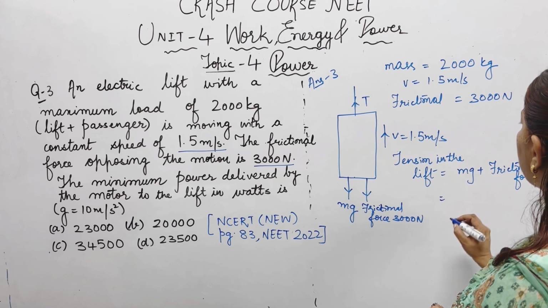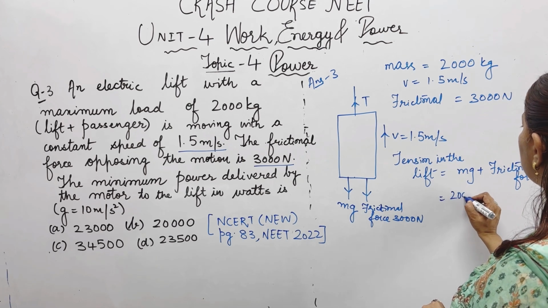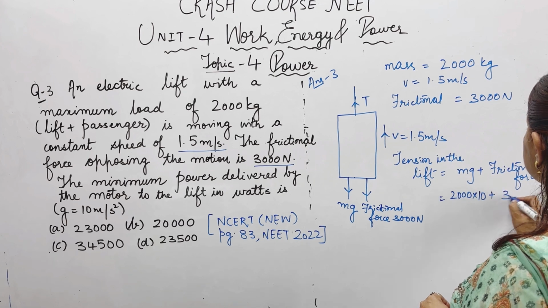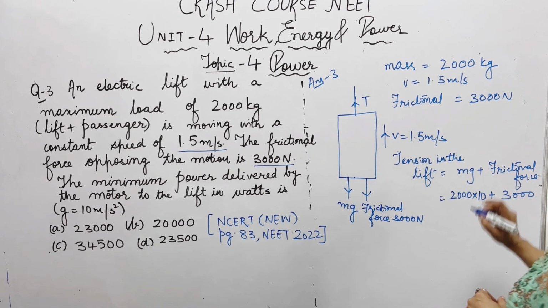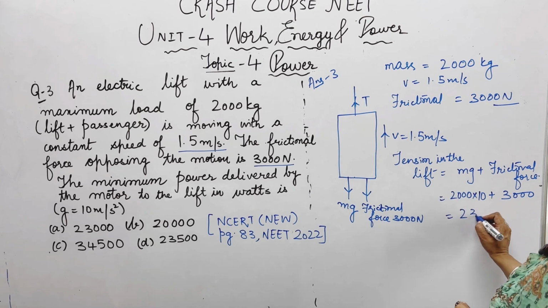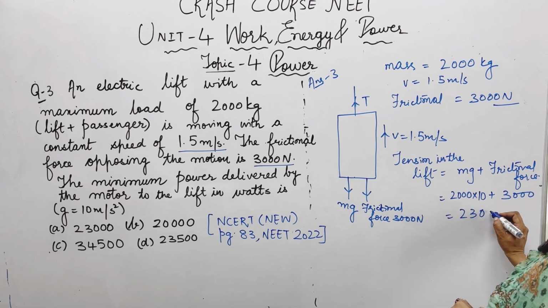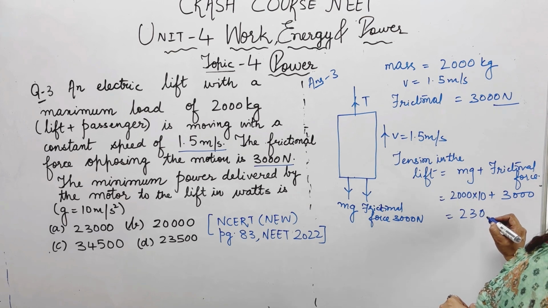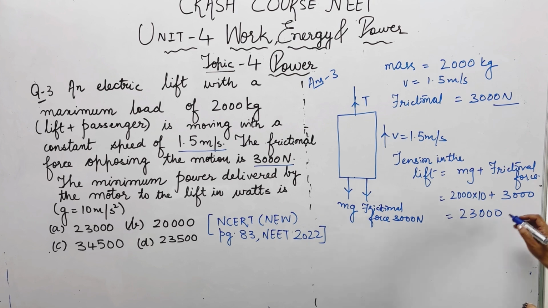So this is given by 2000 into G, which is to be taken 10, plus 3000, the frictional force. So this value will come out 20,000 plus 3000, so this is 23,000 Newton.